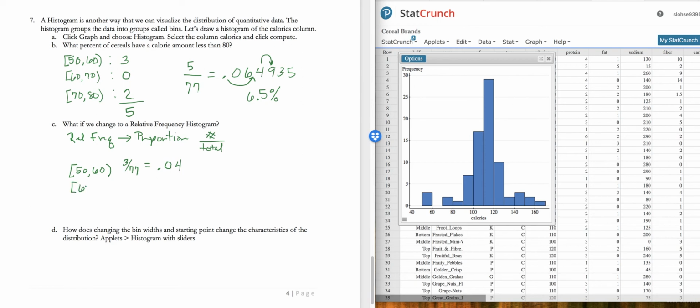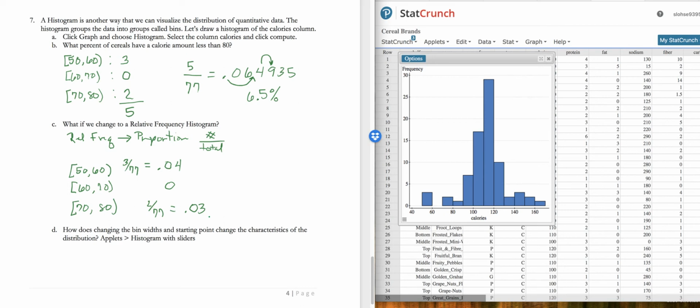From 60 to 70, we know is going to be 0. From 70 to 80 would be 2 divided by 77, which is 0.03. That actually came out 0.025. So the 5 changed my second digit here to a 3.